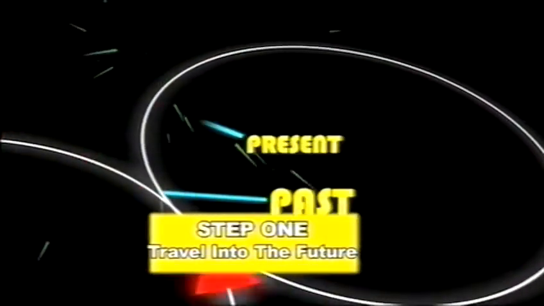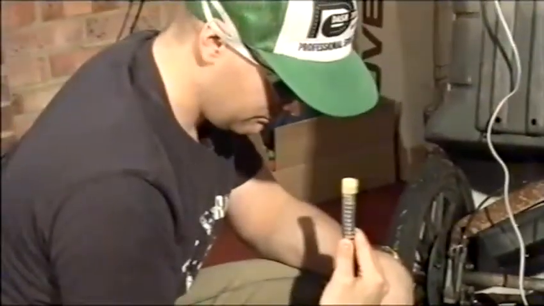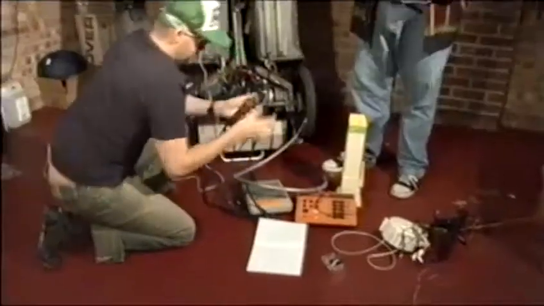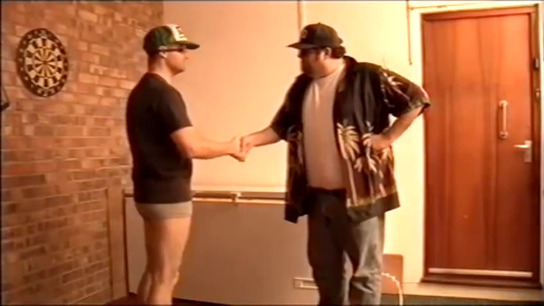Step 1. Travel into the future. Time travel to the future is easy, as we are already travelling along a forward-bound timeline. All we need to do to increase the speed of the timeline is to alter our perception of how time passes. One way of doing this is to use cryogenics.